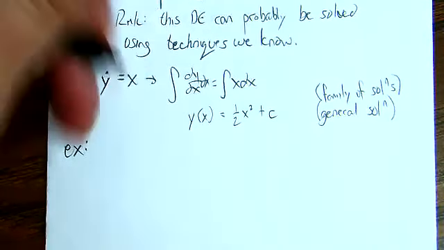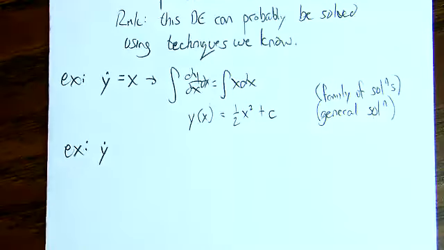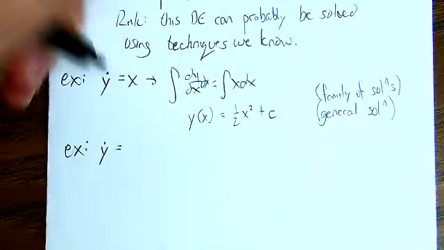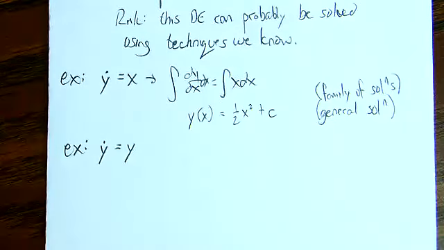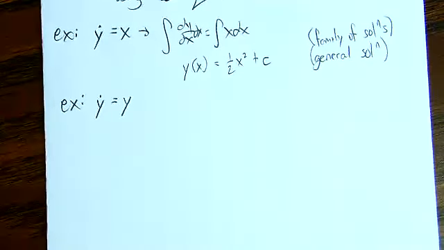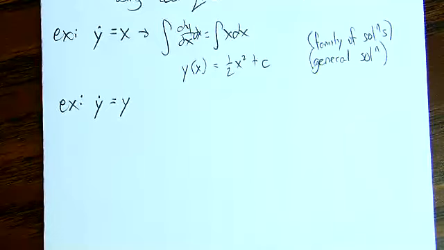Let's say I have that y dot, the derivative of y with respect to x, is equal to y. This is also separable. This is using some terminology from last lecture. This is an autonomous differential equation, but that's actually not important necessarily to note in classifying separability.